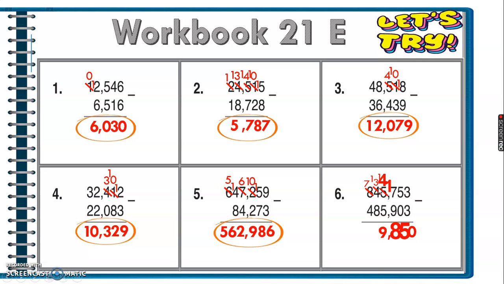So we can now subtract. 13 minus 8 is equal to 5 and 7. Lastly, 7 minus 4 is equal to 3. Therefore, the answer for number 6 is 359,856. Do you understand now, kids?